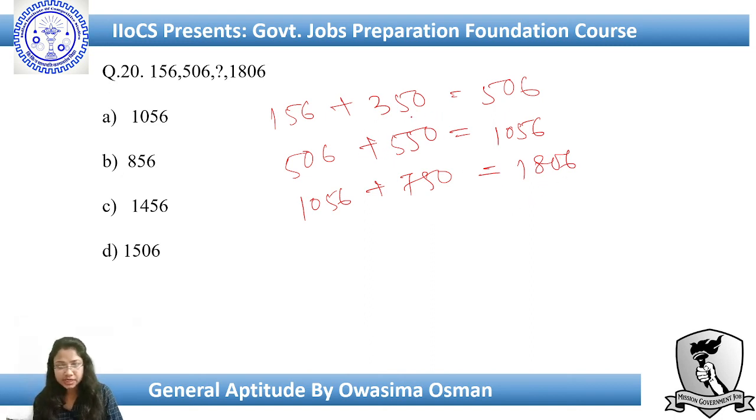So here is the pattern of the addition, that is, we are adding with a gap of 200, that is 350, 550, 750. Then this series is following this rule. So our answer will be 1056.